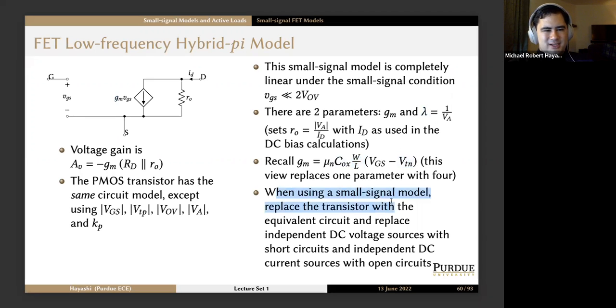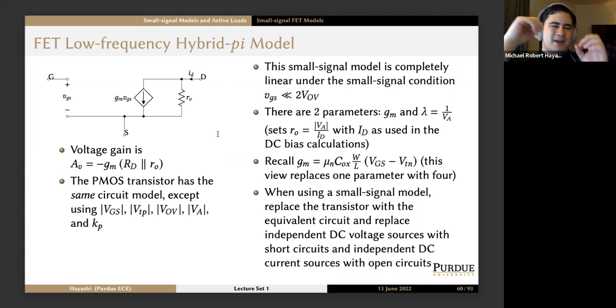So when using a small signal model, replace the transistor with the equivalent circuit. You'll just substitute this in where you see the terminals of your transistor, and you must create the rest of the small signal equivalent circuit. So that means you replace independent DC voltage sources with short circuits and independent DC current sources with open circuits. I'll repeat that.